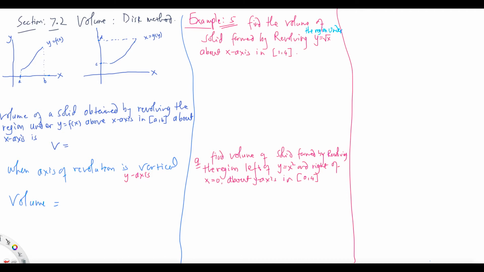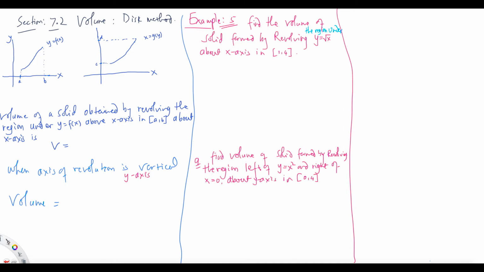In either case, the area between two curves is the definite integral from a to b, where a is the left bound of the region and b is the right bound, of the upper function minus the lower function. That's what we did to find the area between two curves.